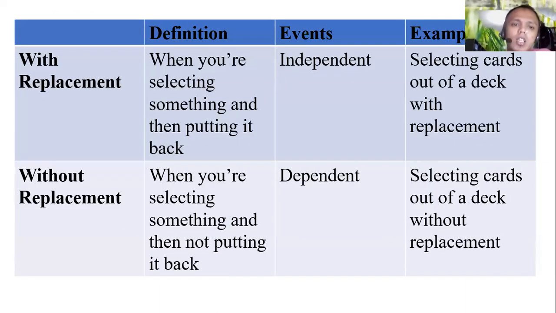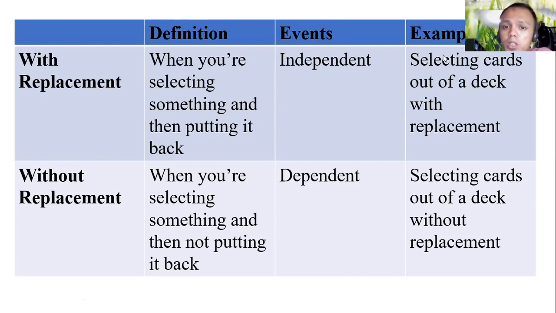Okay, here, with replacement: when you select something and then put it back, that is with replacement, and it is an example of an independent event. Example, selecting a card out of a deck with replacement. Kaya tinawag siyang independent or with replacement, kasi nga, for example in a deck of cards, you draw a card, that is your first event, and then you try to draw another card again, but before you draw another card, you put it back in the deck of cards.